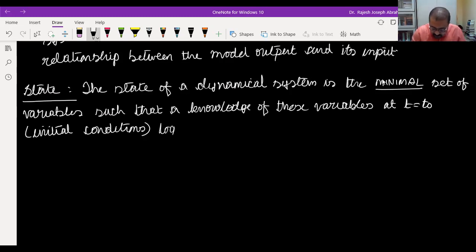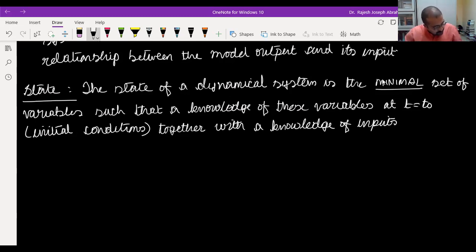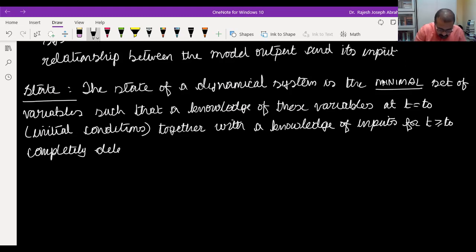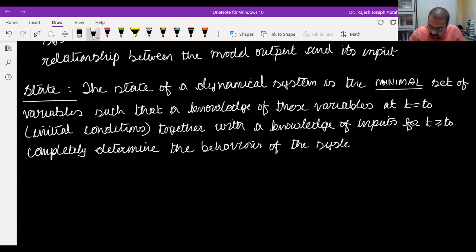together with a knowledge of inputs, completely determines the behavior of the system for t greater than or equal to t naught.